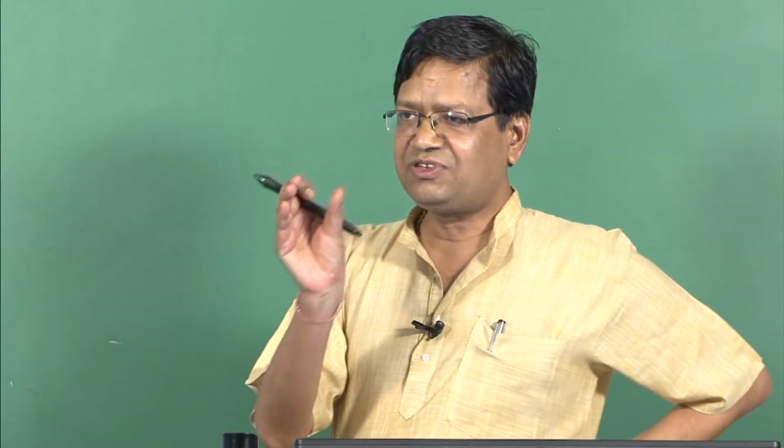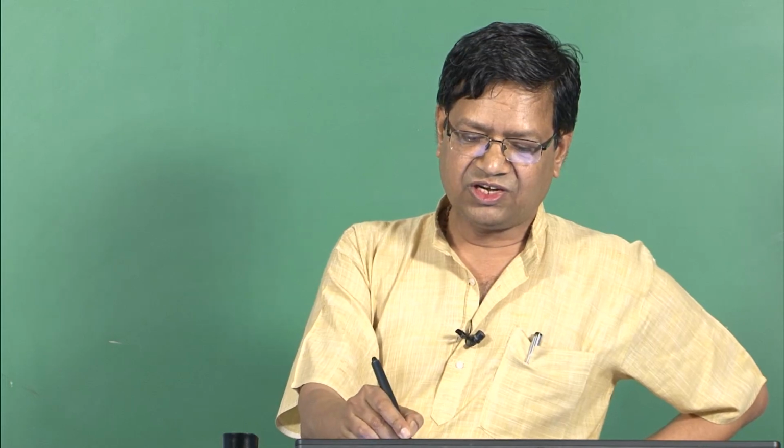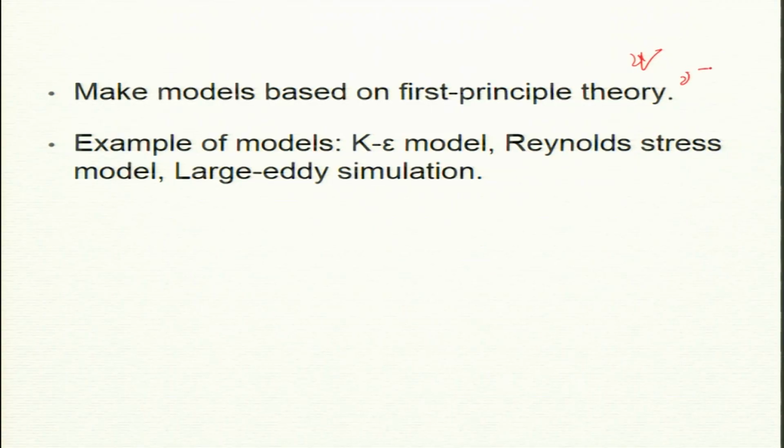Now, if I do a first principle calculation, I require a very big grid, which we will estimate in the course a bit later. If you do that much grid, it will take years of computer time. So, these guys will basically use various models. The viscosity term, nu grad square u, if you recall, this is the viscous term.